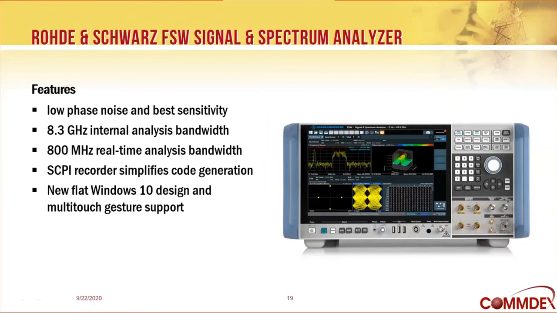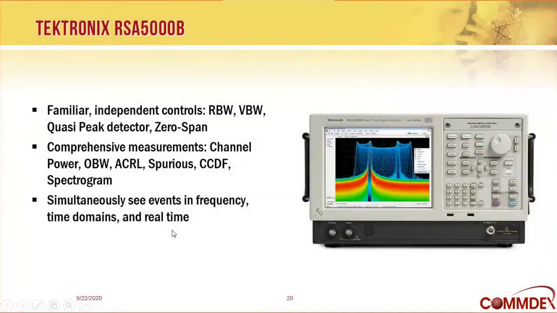And you see it's based on Windows 10 system. So what used to be really test equipment is now more software application than anything else. Tektronix version of a vector system analyzer can operate in the frequency and the time domain.